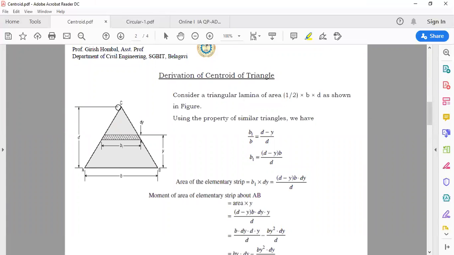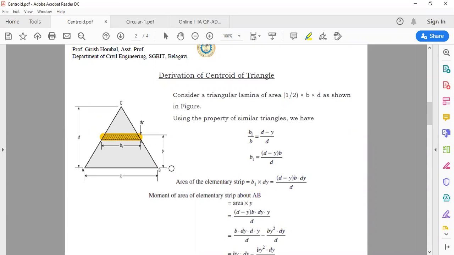Now in this, again, you have a triangle ABC whose base width is B, whose height or depth is D. Again, the very first step, consider an element. So you have considered an element here, which is at a distance y from the reference axis, that is AB.